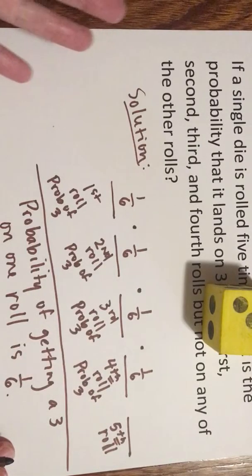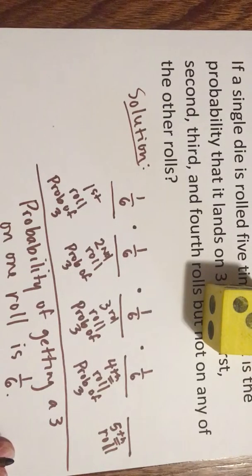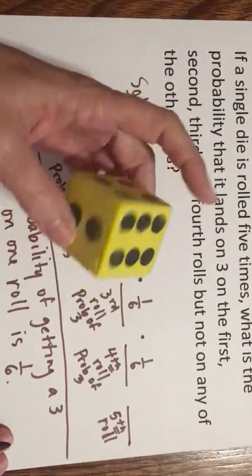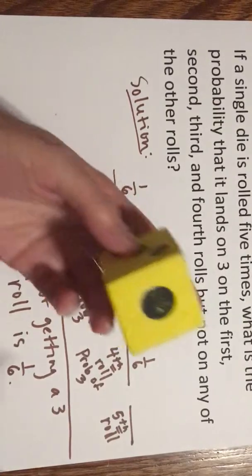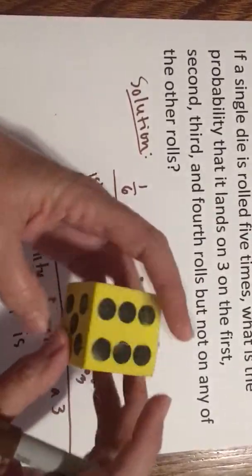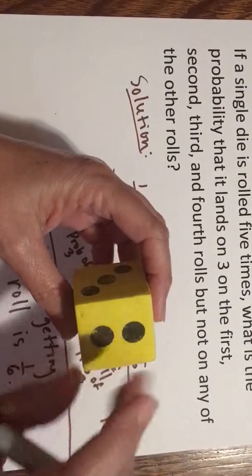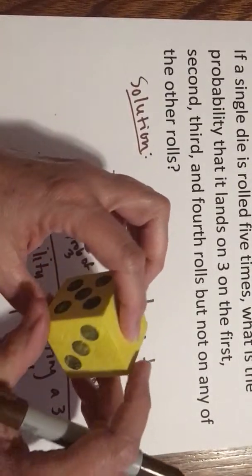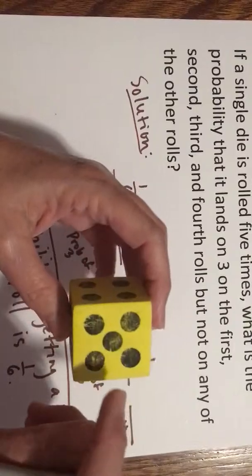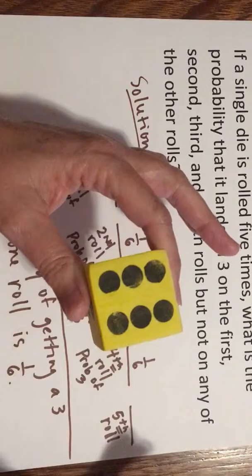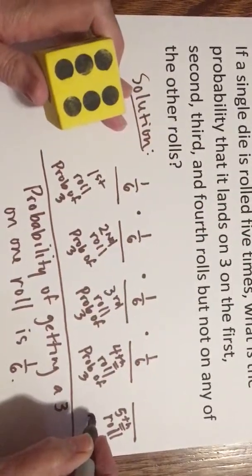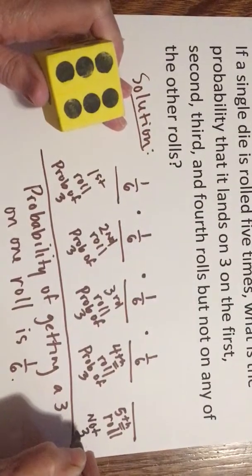The fifth roll is not a 3. It's not a 3 on any of the other rolls. The only roll left is the fifth roll. But as I look at the die, not a 3. Well, it could be a 1. It could be a 2. It could be 4, 5, or 6. There are 5 things that would be not a 3.